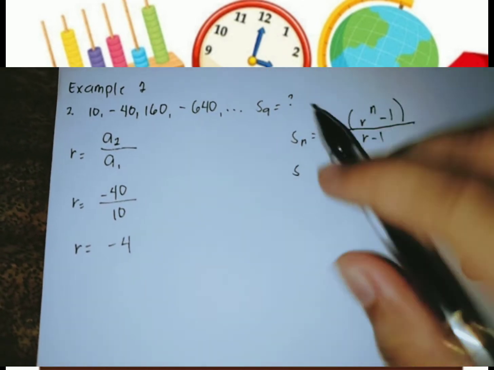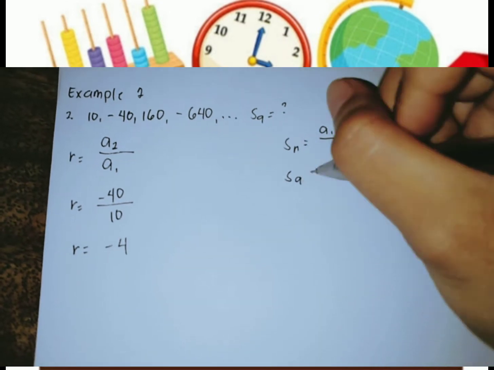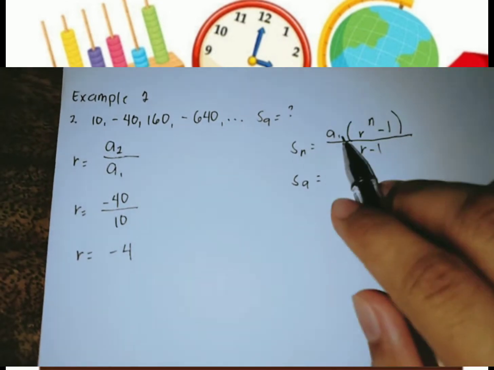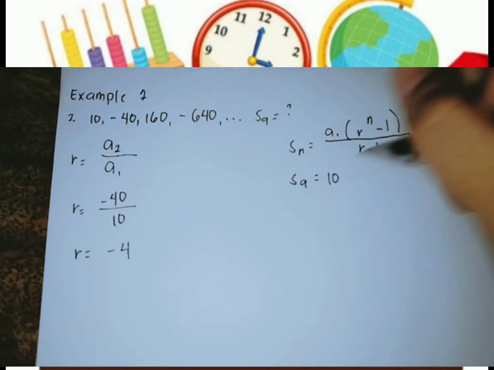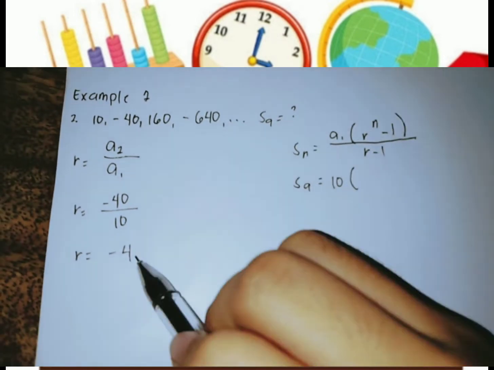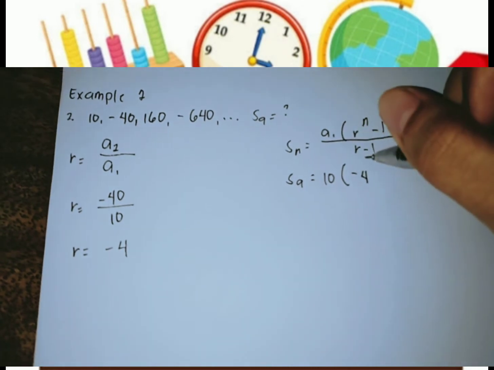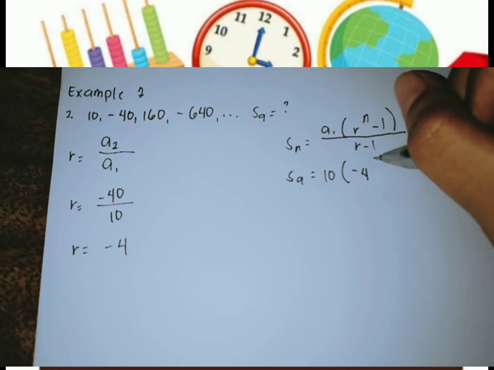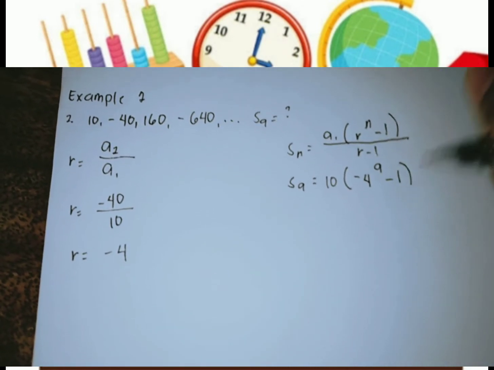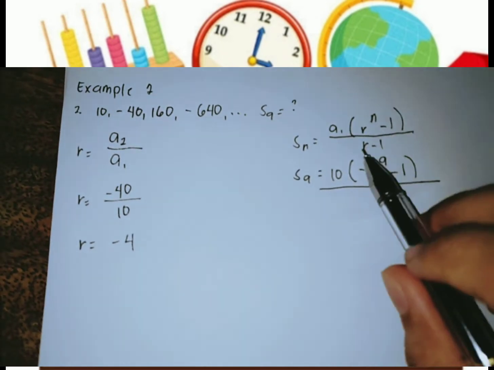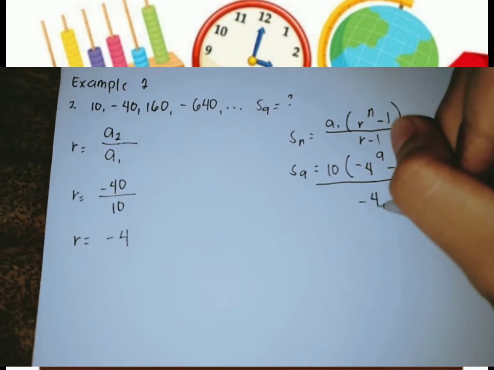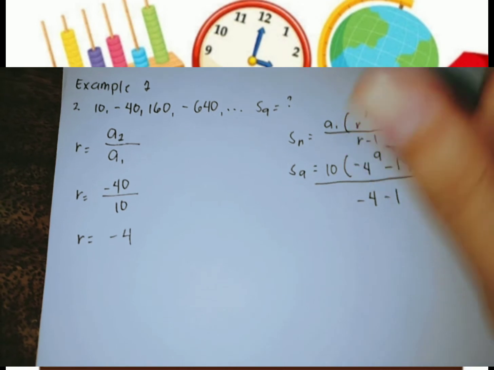So, our n is 9, our first term is 10, our r is negative 4, our n is 9, minus 1, divided by negative 4 minus 1.